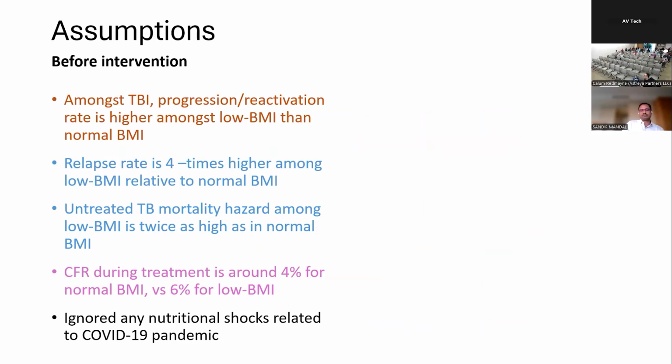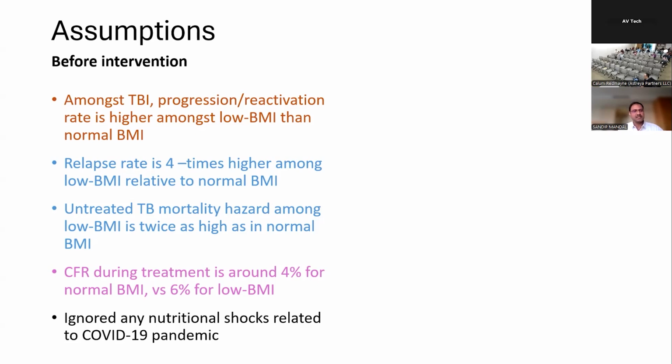All models have lots of assumptions, and this model also has some. Before intervention, we assume that among TB infected, progression and reactivation rate is higher amongst low BMI than normal BMI, as already described in the figure. Similarly, relapse rate is 4 times higher among low BMI relative to normal BMI.